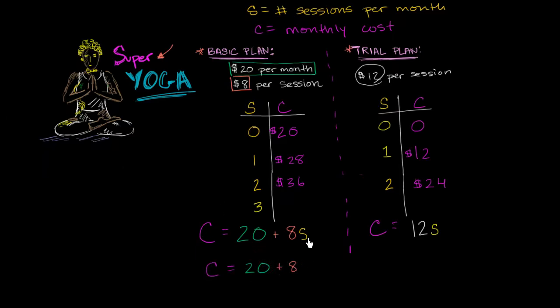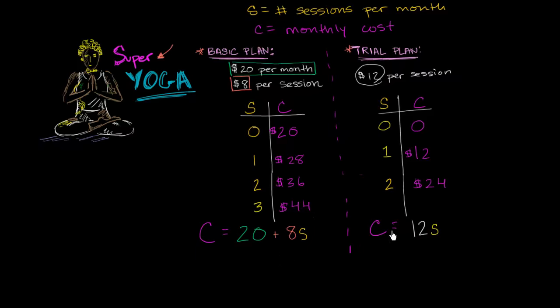The number of sessions is S. S is 3 in this circumstance, so we'll replace the S with the 3. And so our cost is going to be 20 plus 8 times 3, or 20 plus 24, or $44. So let me erase this right over here. So this is going to cost us $44.